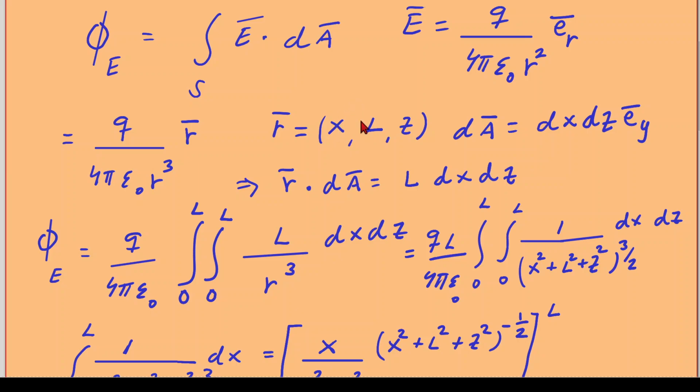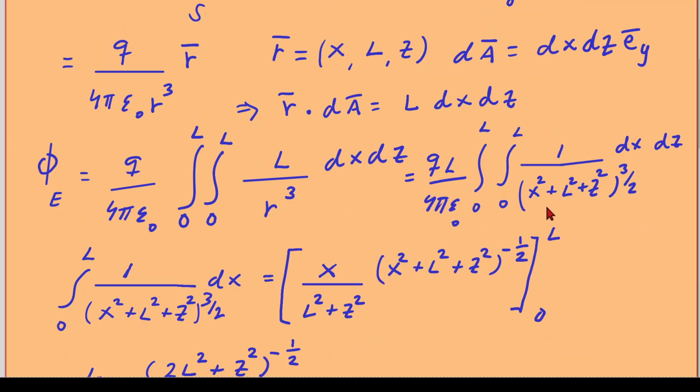That's the square of that, square of that, square of that, sum them and square root. And then you have the power of 3 on the square root, so it's 3/2 here. So this is 1 over r cubed, and then dx dz.